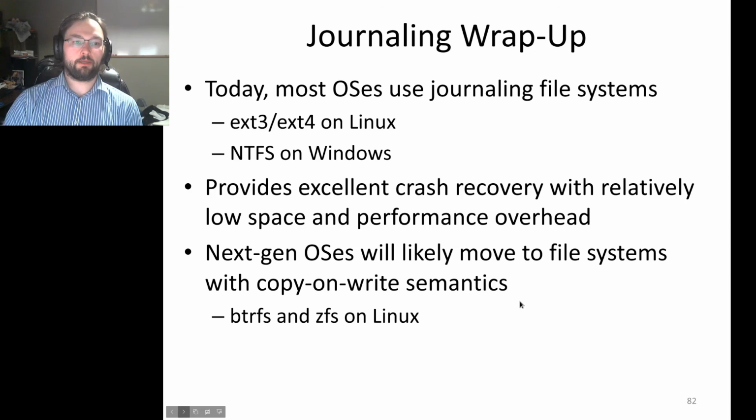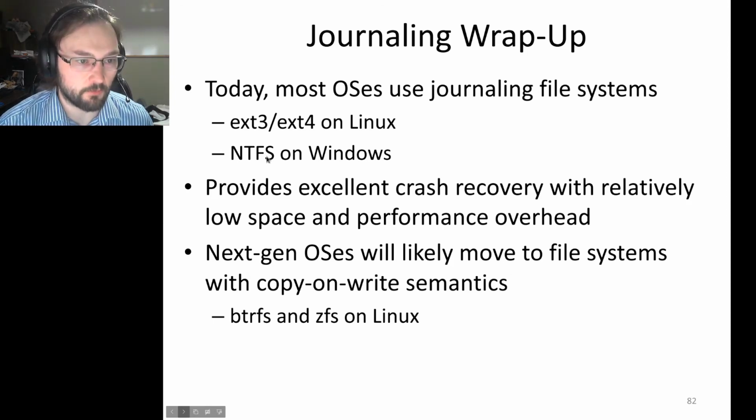So that's journaling. And that gets us to most of the features that are in modern file systems, and it gets us to the mechanism for reliability that we use in most desktop file systems. We'll talk about some exceptions to that in a couple lectures, but we actually only have one more set of parts in this story when we're talking about boring modern-ish file systems like ext4 and NTFS.